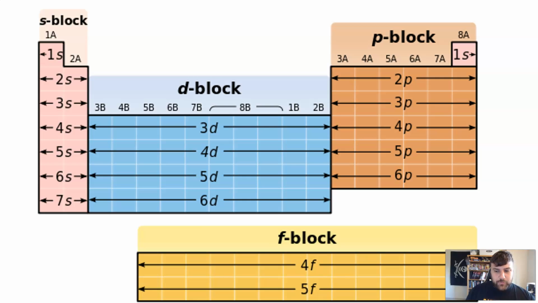We call these 2 groups lanthanides and actinides, because lanthanum, number 57, and actinium, number 89, are what we use as the first elements for each of those rows. But those 2 elements, lanthanum, number 57, and actinium, number 89, are actually D block. So the way that these fill is they start with a D electron and then go into F and then continue with D for their respective rows.